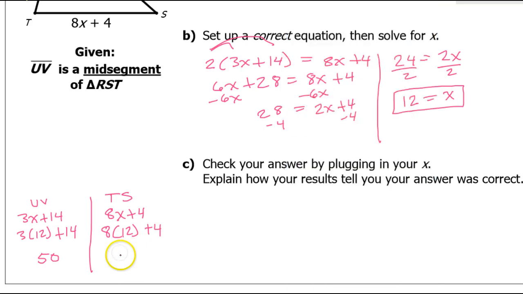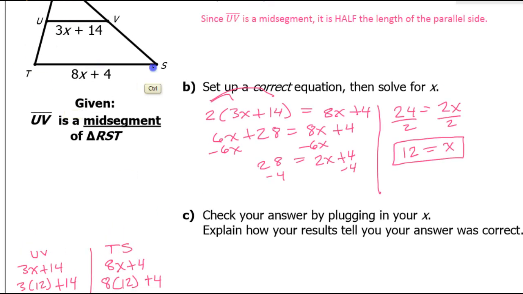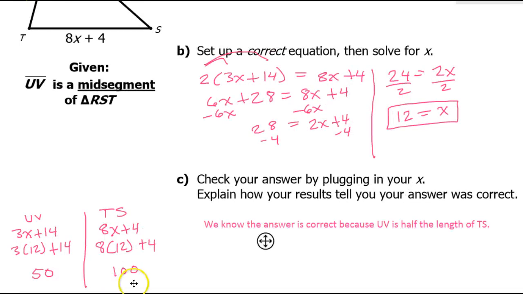And that's 100. So, just like we thought, UV is half the length of TS. So again, I've just written it down. We know the answer is correct because UV is half the length of TS as it should be.